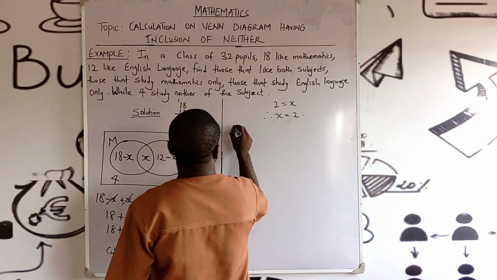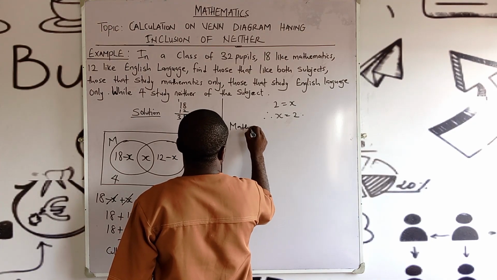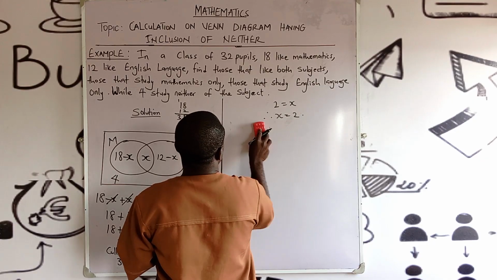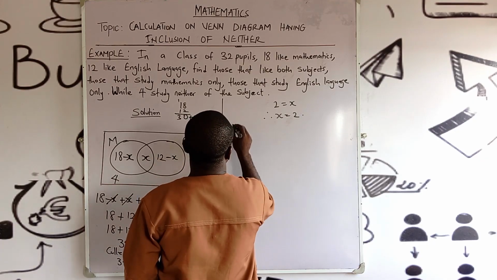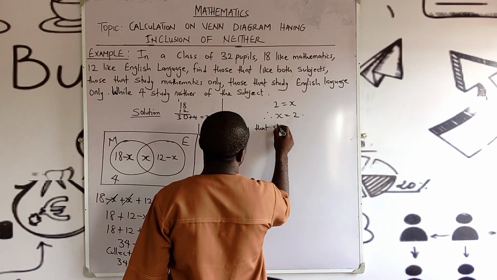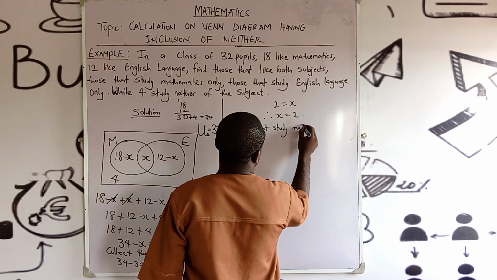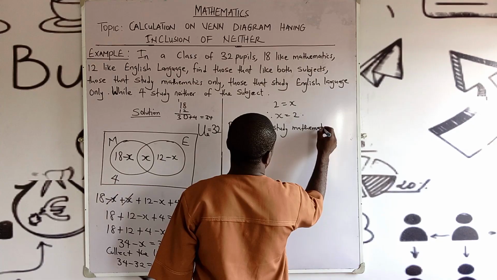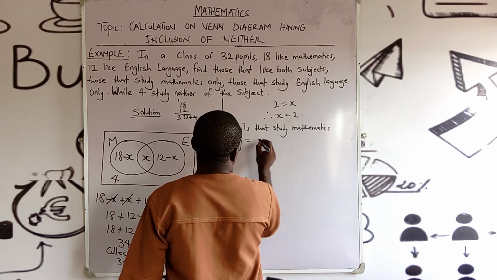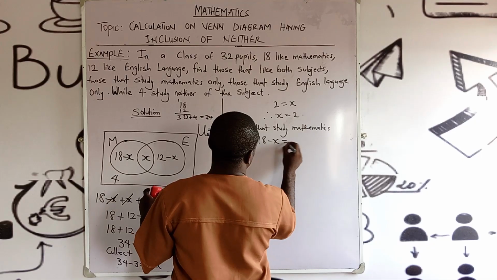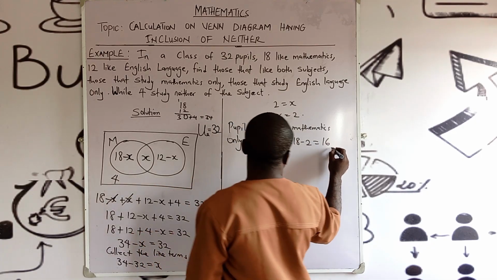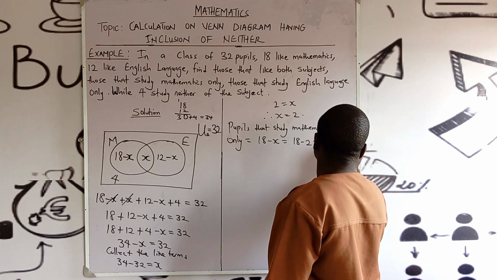Pupils that study mathematics only equals 18 minus x, which is 18 minus 2, which is 16 pupils.